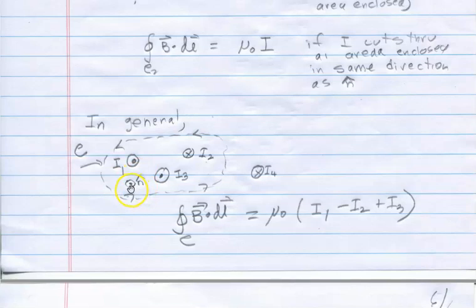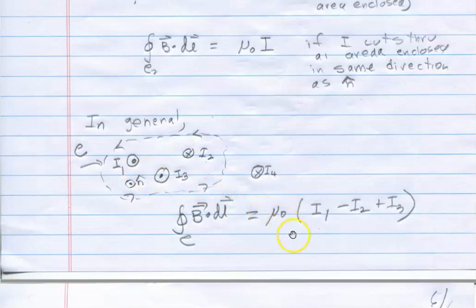I choose my normal to it using that right-hand rule, thumb pointing in the direction of the arrows going around the curve, and then your fingers naturally curve through the area enclosed in the direction of n hat, so that's this direction. And if a current I is going in the same direction as n hat through the surface, then it's positive. If it's going in the opposite direction, it's negative.